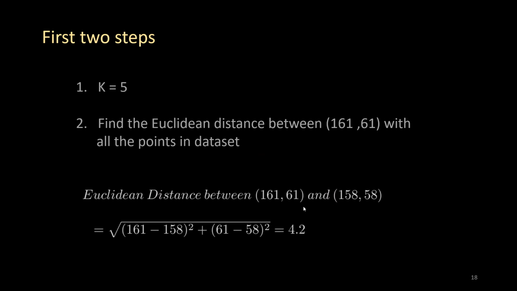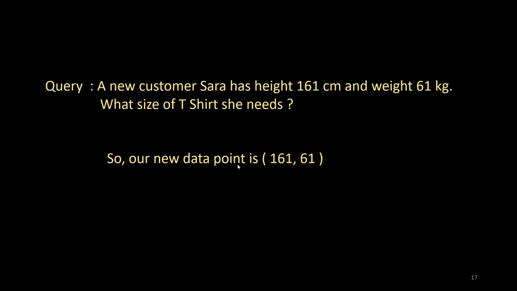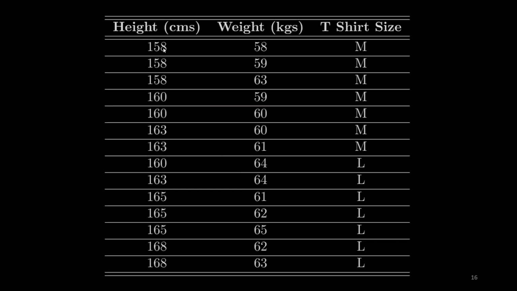This is our new point and this is our first point. These are the coordinates of the new point, 161 and 61, and these are the coordinates of our first data sample, 158 and 58. If we go back, we can confirm that this is our first data sample. We can see that our first data sample has height 158 and weight 58.